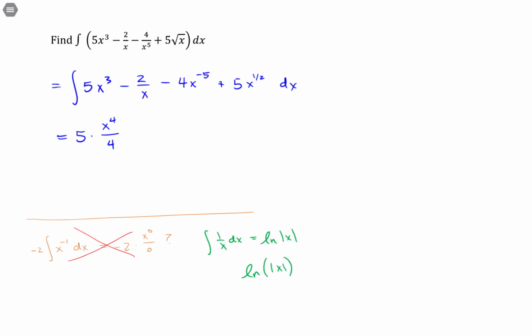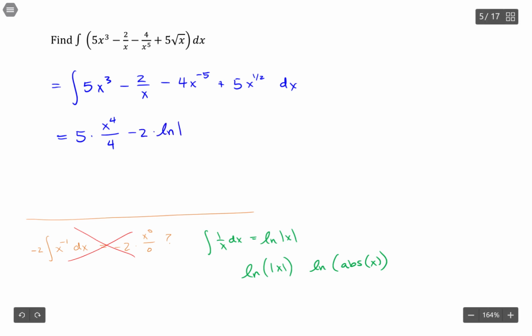You can use the bars. However, you can also write it as natural log of abs of x, because this makes the absolute value a function rather than a notation. Either one of those two forms should be just fine. But what that means is this term right here becomes the constant negative 2 times the natural log of the absolute value of x.